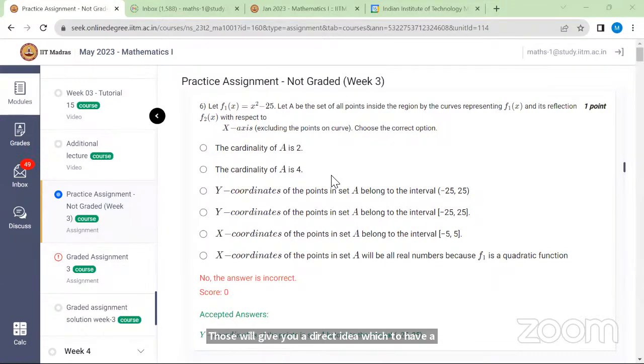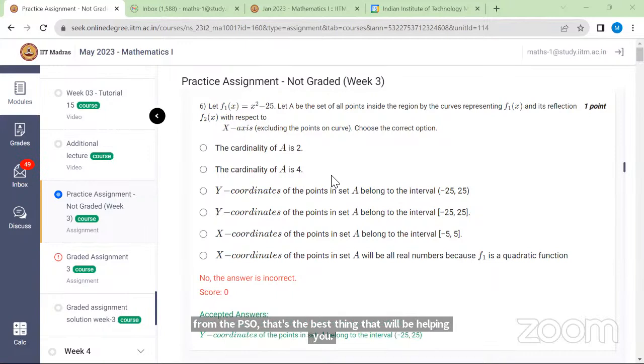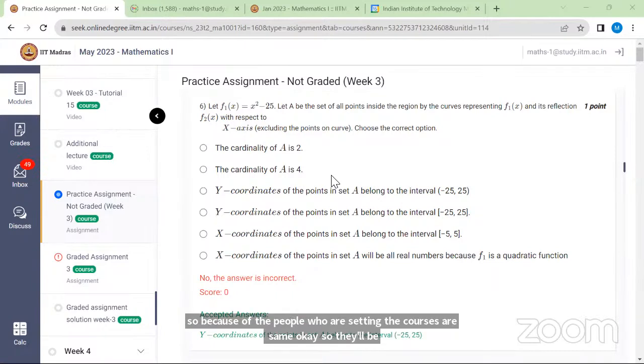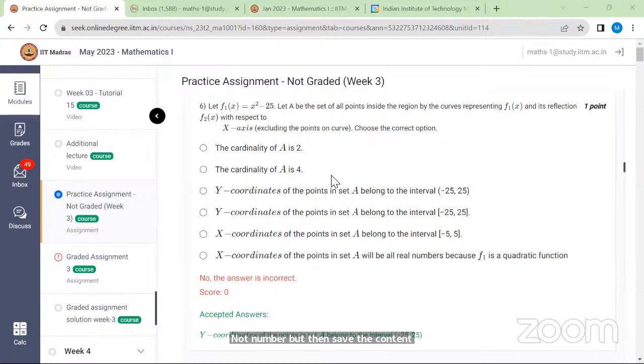It's not going to change, because most of the people creating the questions are the same, so getting an idea from the PYQ is the best thing that will help you. They will change the context, everything, but the concept will repeat.